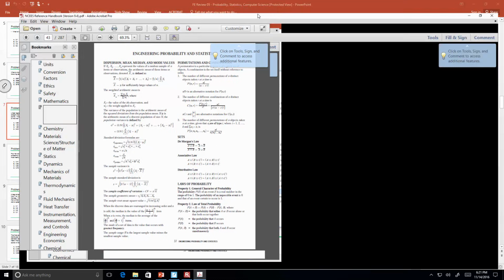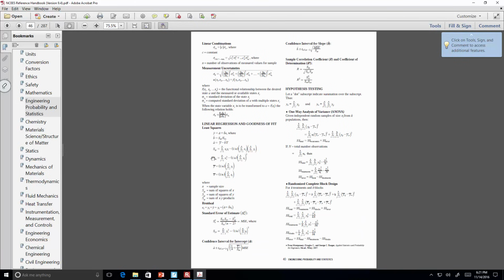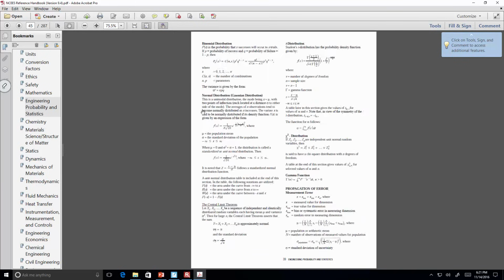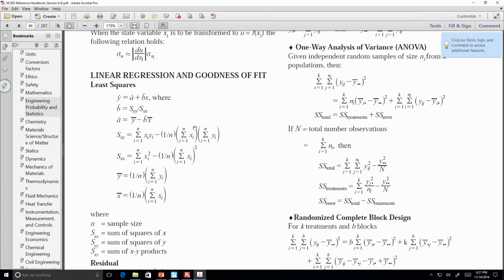Let's see if it's going to zoom in. There we go. Okay, so what we're looking at right here is on page 40 of your hard copy printout.